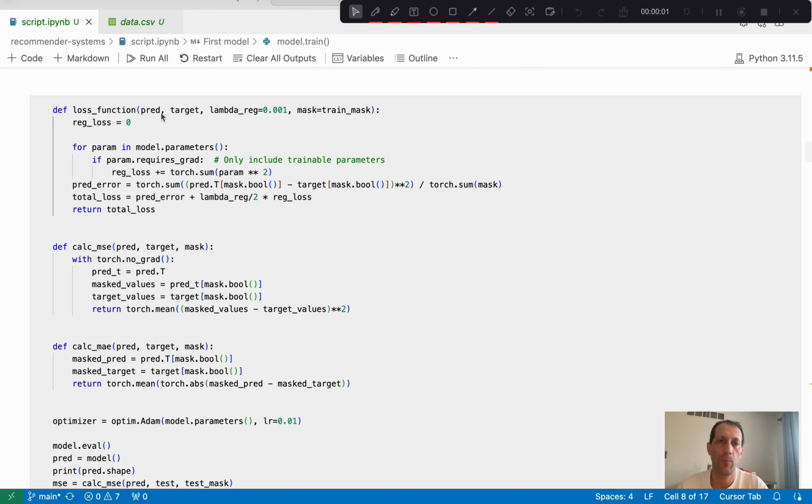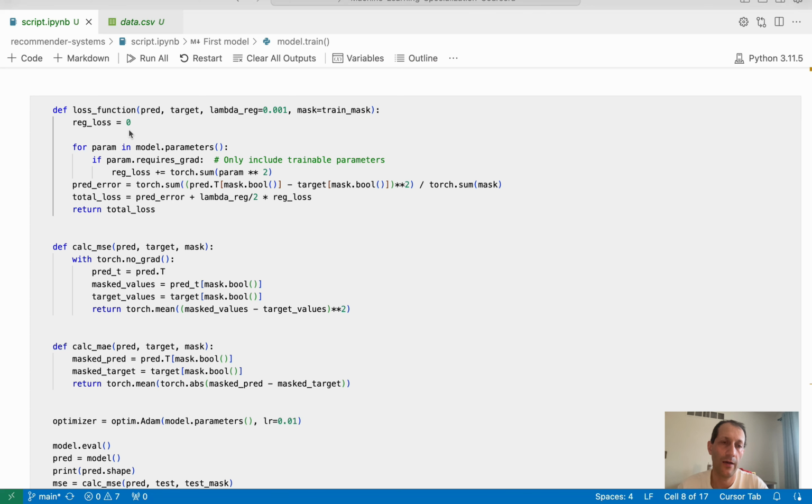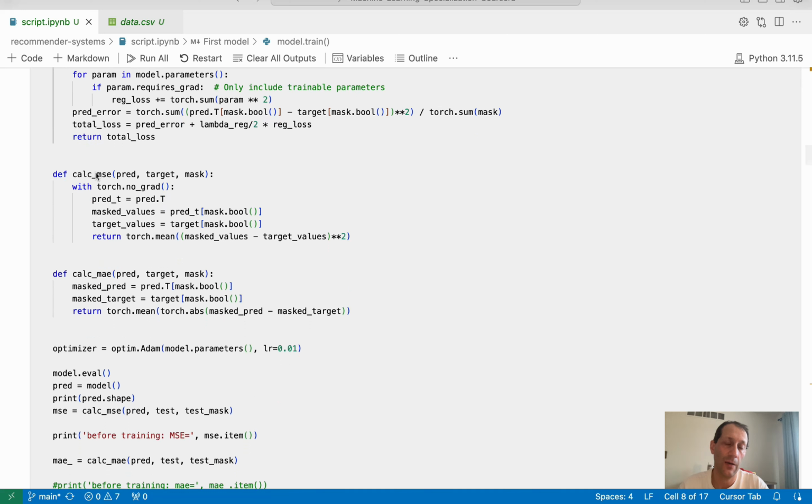All right, here is the loss function. It essentially calculates the mean squared error, and the error is the difference between the predictions of movie rating and the actual values. And then it adds a regularization term. That's it. And I also have a different function to calculate mean squared error so that it doesn't reflect the regularization term in it.